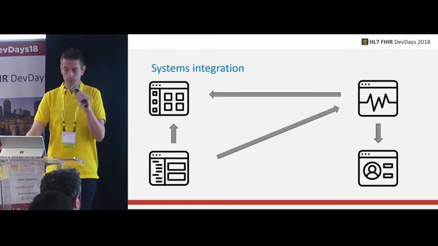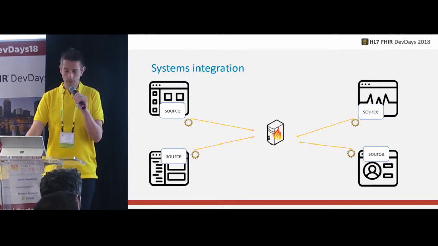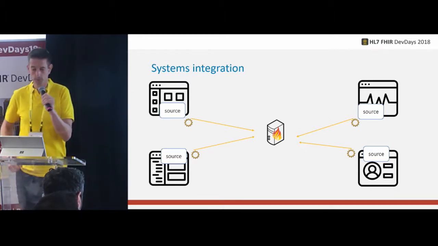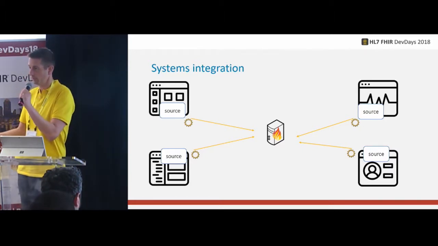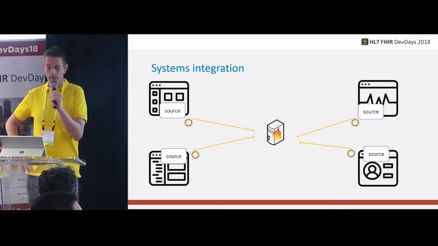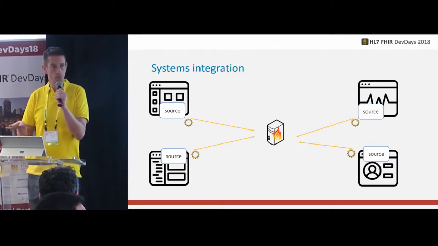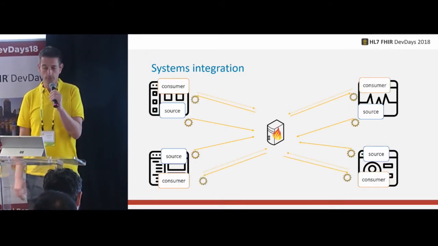And the final one we had was systems integration. Well, maybe the obvious case would be to put an integration engine in the middle. Currently, you would put a FHIR server in the middle here. But these systems now have multiple roles. They are the source of data, but they may also be the consumer of data.